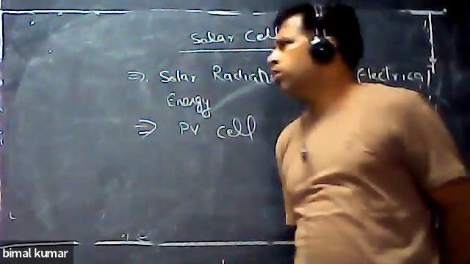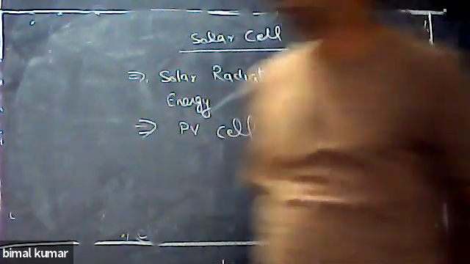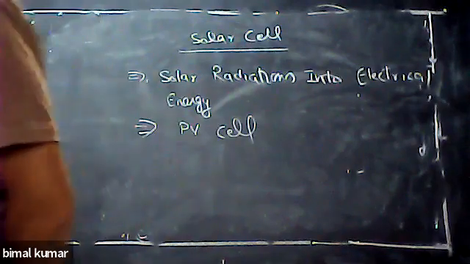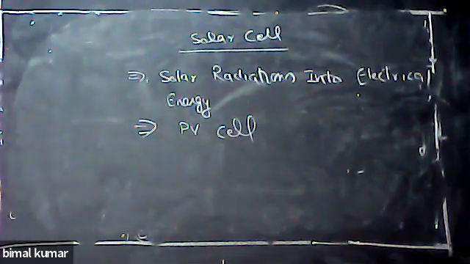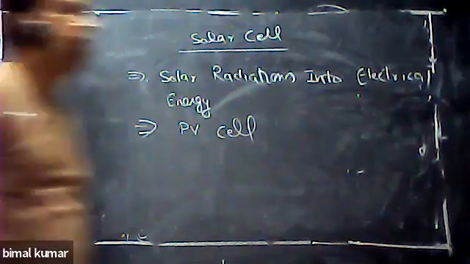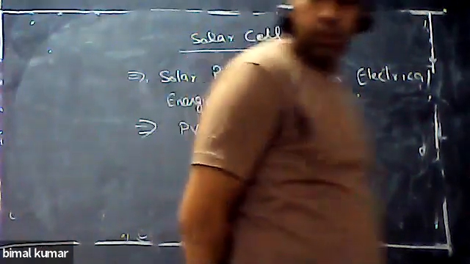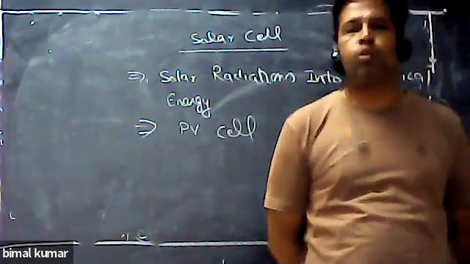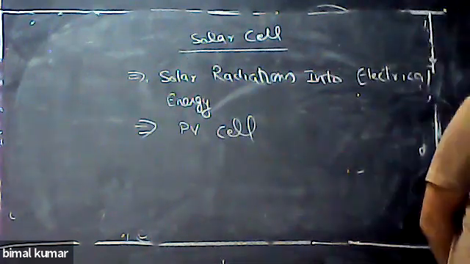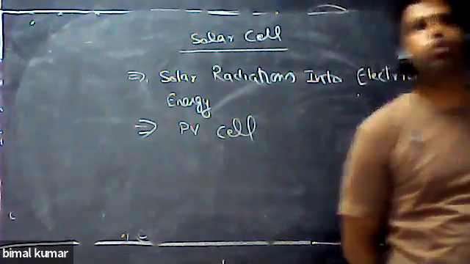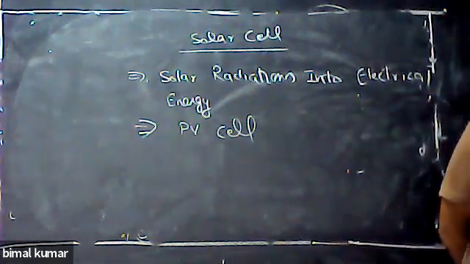So these PV cells are manufactured with the help of some semiconductor material, that is a p-n junction. This is a special type of p and n type material which may be used for the manufacturing of solar cell or photovoltaic cell.